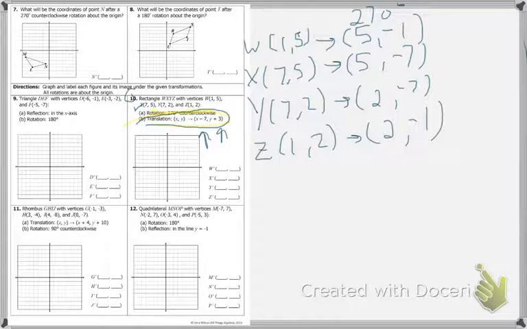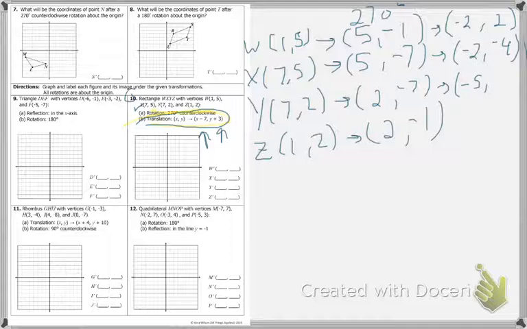So here's my translation. 5 minus 7, that's negative 2. 3 plus negative 1, positive 2. Again, this is the same thing. And then negative 7 plus 3 will have negative 4. And then 2 minus 7, negative 5.